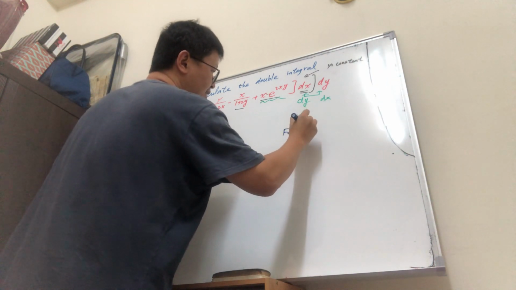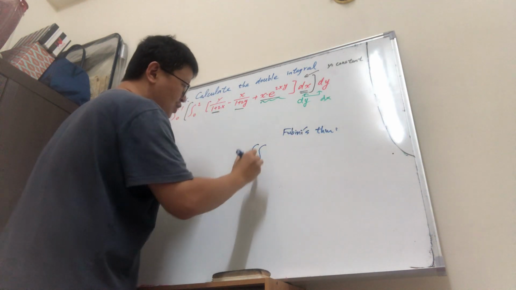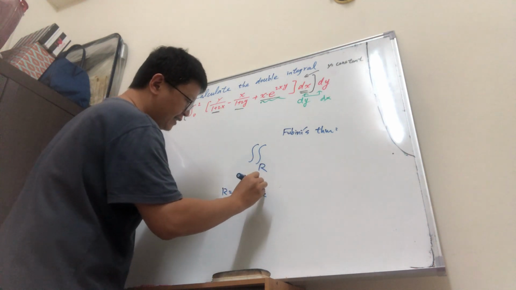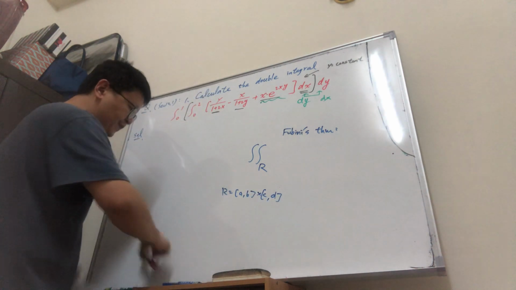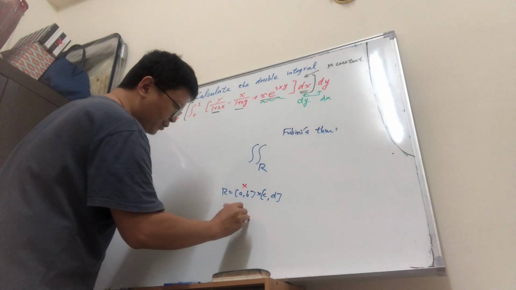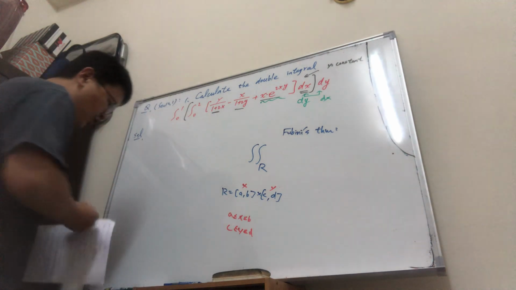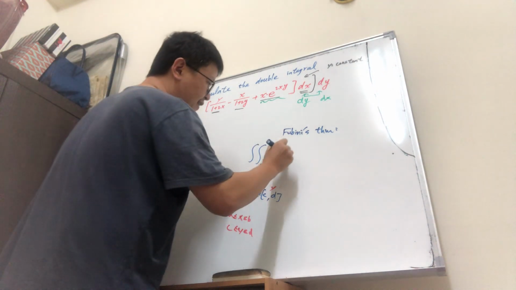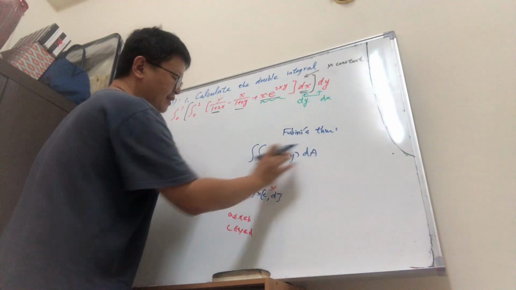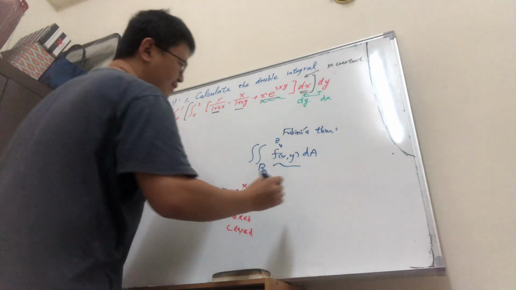Fubini theorem, what does it mean? It says that originally we have a region R, where R is [a,b] times [c,d], meaning x between a and b, and y between c and d. For the function f(x,y), the double integral over R, here it means double integral over the area.